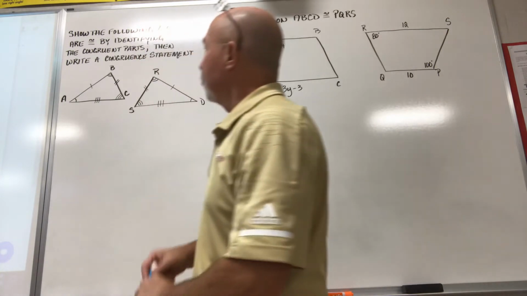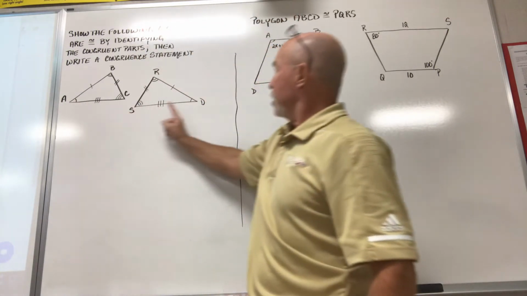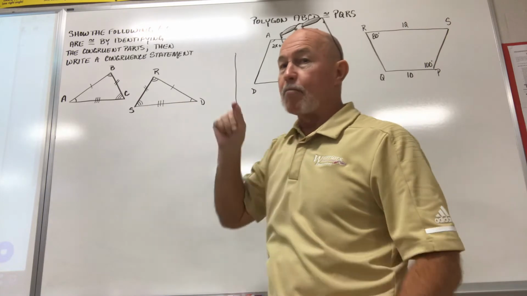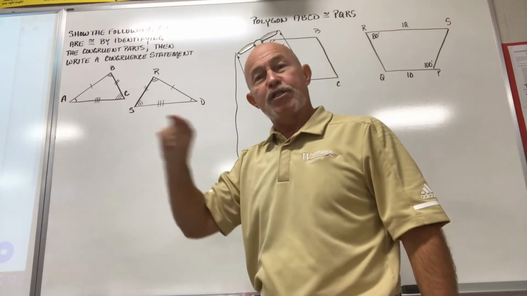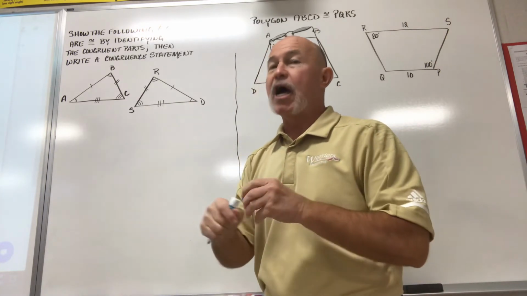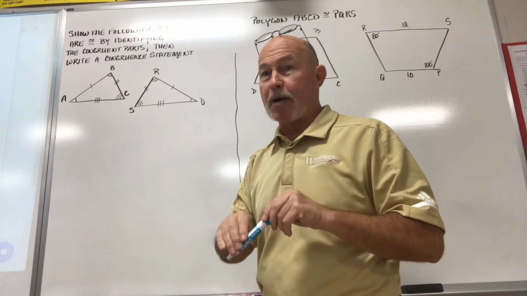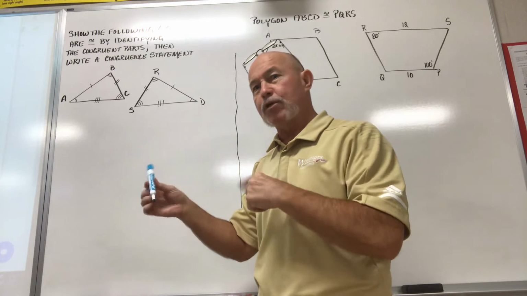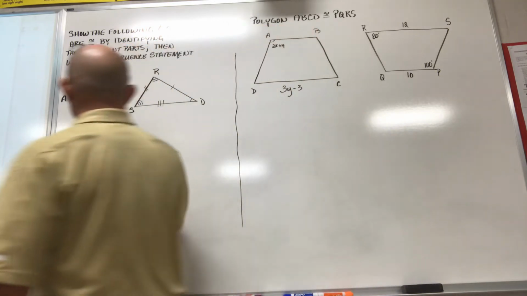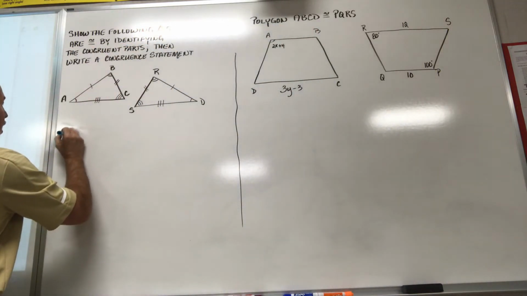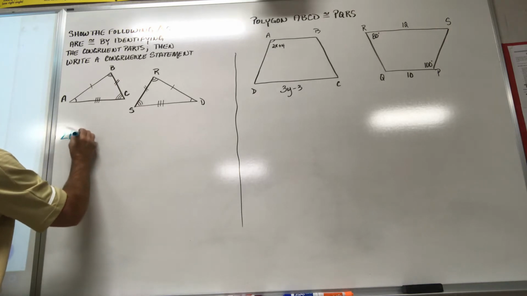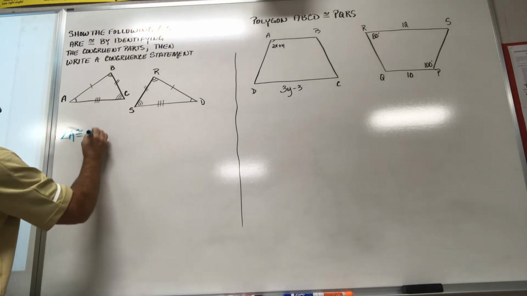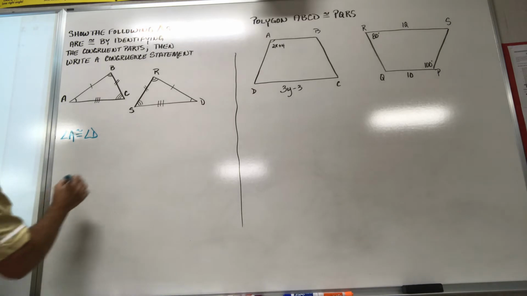Okay, so A with D. Notice the markings are very important. On the Chapter 4 notes you need to read, I make a big point about that. Okay, the ones go together, 2's go together, 3's go together, and so on. So I will say angle A is congruent to angle D.